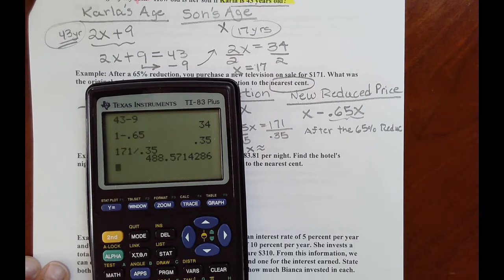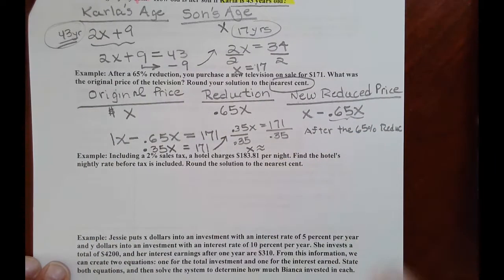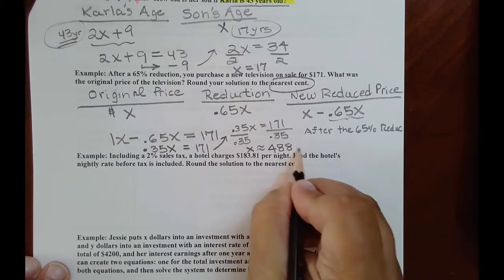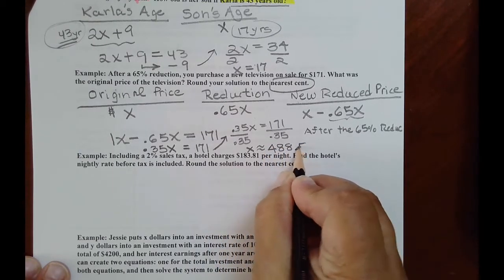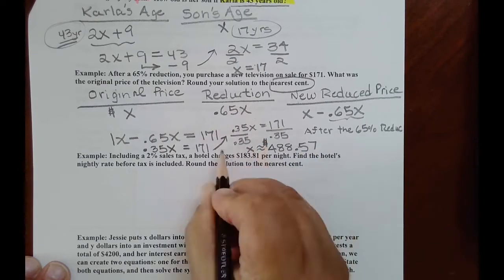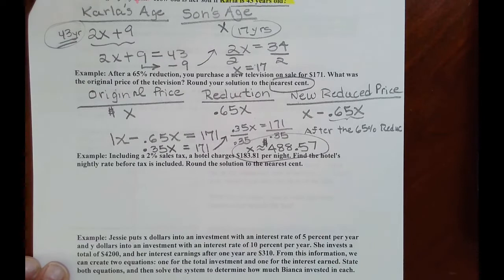So this TV originally cost $488.57. Go 2 places to the hundredths place after the decimal to get to dollars and cents. $488.57. Okay, so that's that one.